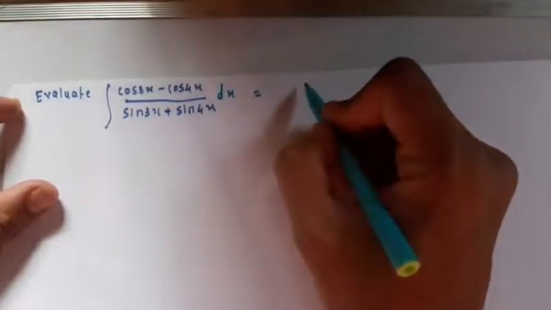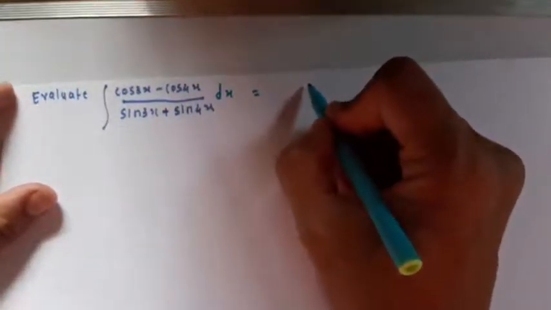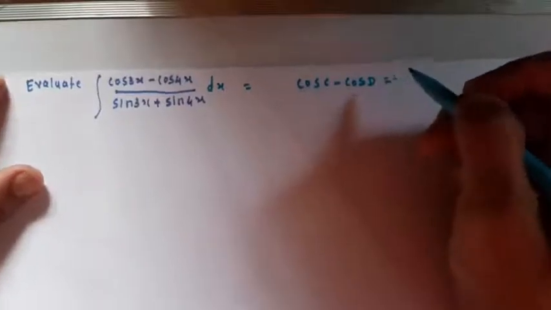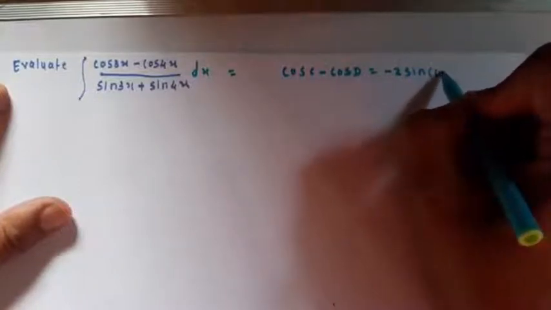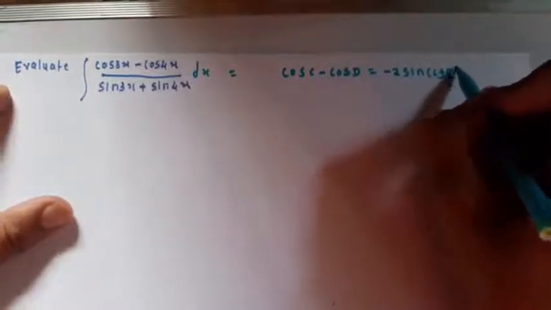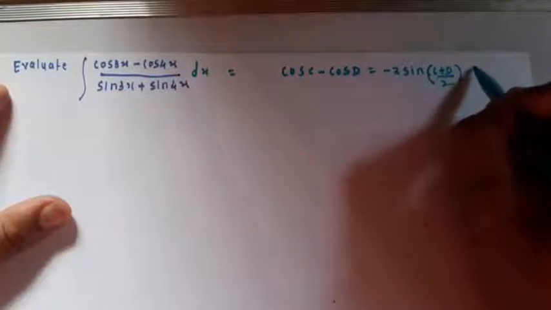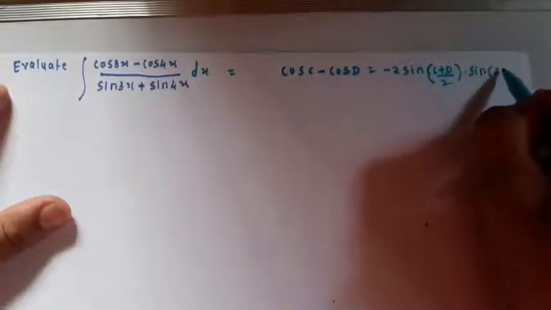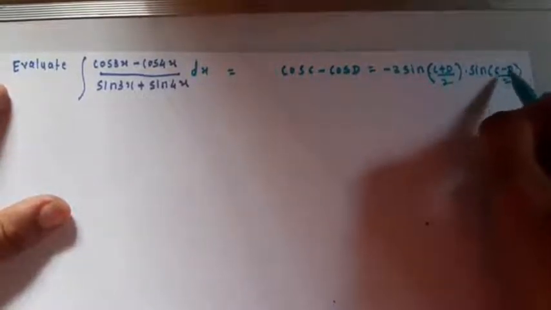Okay students, so here by using the formula cos c minus cos d, the formula is minus 2 sin((c plus d) upon 2) into sin((c minus d) upon 2).